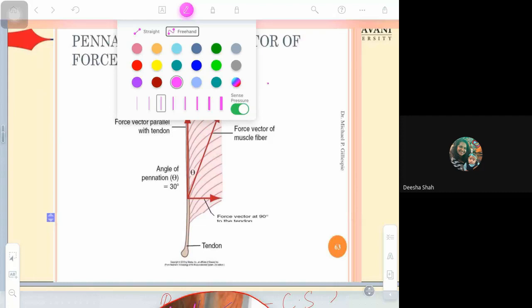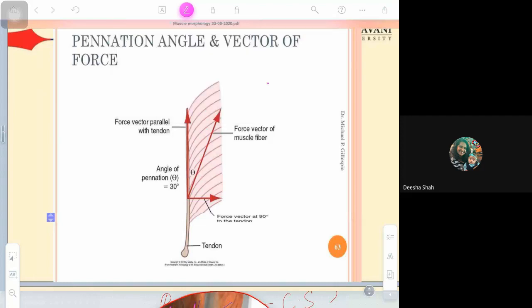now we have taken a pennate muscle. Clear? You may take any muscle. You can take the quadriceps also, this is the medial, vastus medialis. So when you see the vastus medialis, this is the tendon, and you see the muscle fiber is inside. This is the imaginary line you are drawing through the tendon.